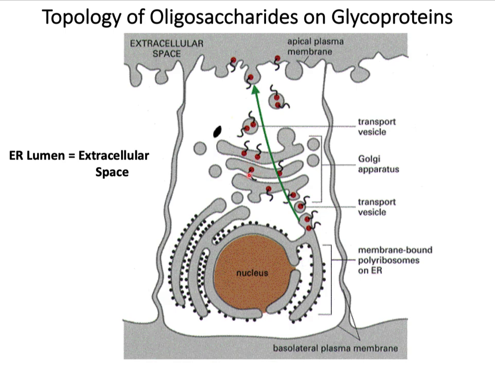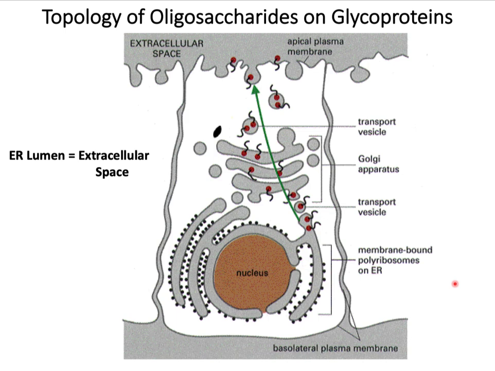So when the vesicle buds from the ER as shown here, the N-linked oligosaccharide is still in the lumen of that vesicle, and when that vesicle fuses with the Golgi apparatus, the N-linked glycan is still in the lumen of the Golgi apparatus. This makes sense because these N-linked glycans need to be further processed by the Golgi apparatus.